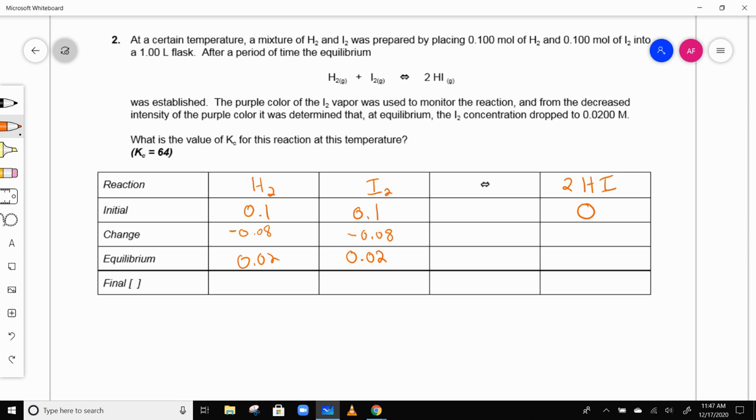We could have figured that out anyway, but this 0.1 minus 0.02 should give you this change, all right? We also know that whatever this goes down, this is going to go up by 2. So this is 2 times 0.08, and that's adding to it. So it's going to be 0.16.